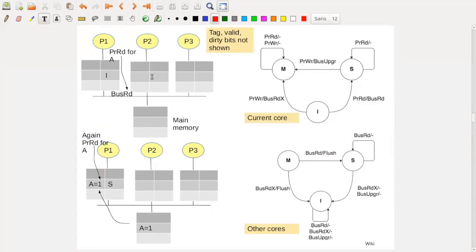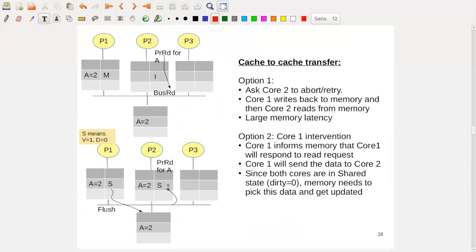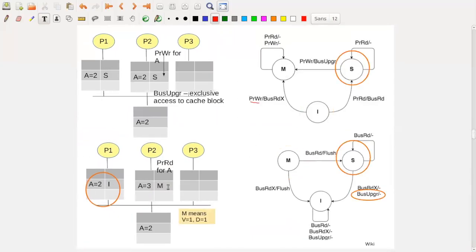So if we go back to our set of definitions here, bus upgrade is sent when there is a write hit in a processor's cache and it sends a bus upgrade request. And this means that we want to invalidate the block in the other processors. So this is the meaning of bus upgrade. So let us go back to this bus upgrade.